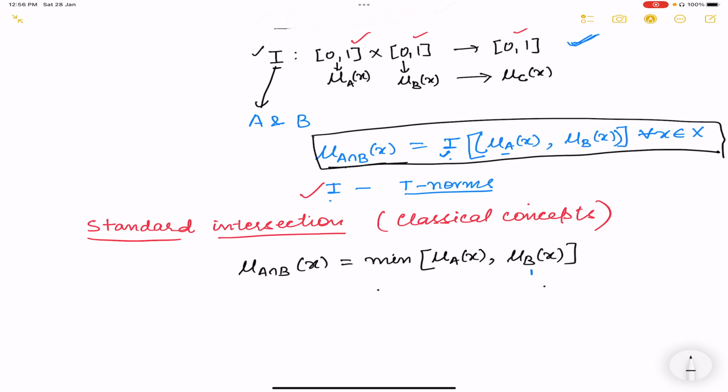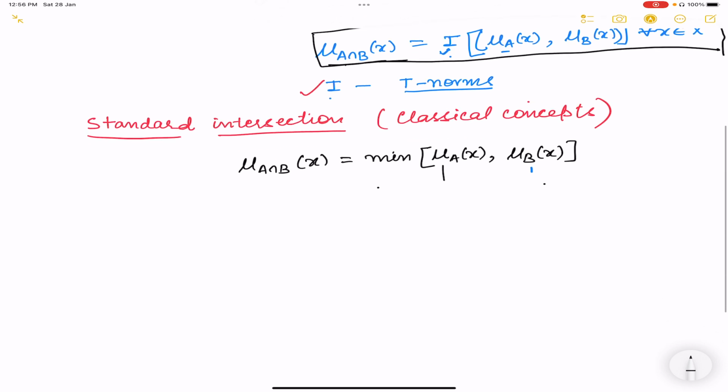Now how do you define these minima? See, at some point, say a, if mu A(x) takes the minimum value, then A intersection B is going to take the mu A(x) value. Suppose at another point, say d, mu B(x) is taking the minimum value, then A intersection B is defined that way.